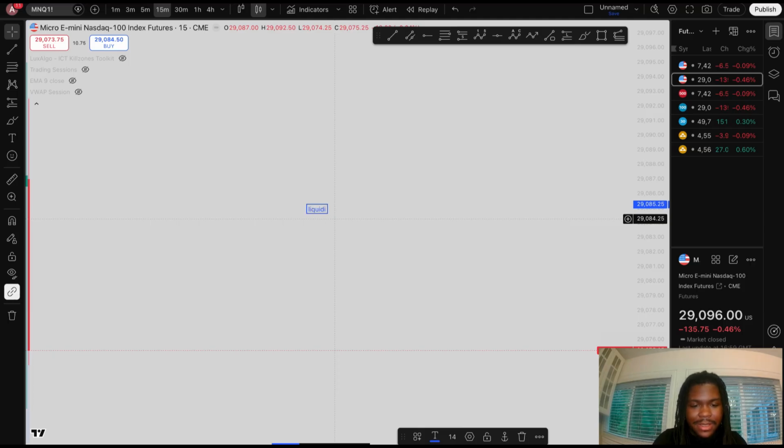Liquidity lies above the highs of price and below the lows of price.